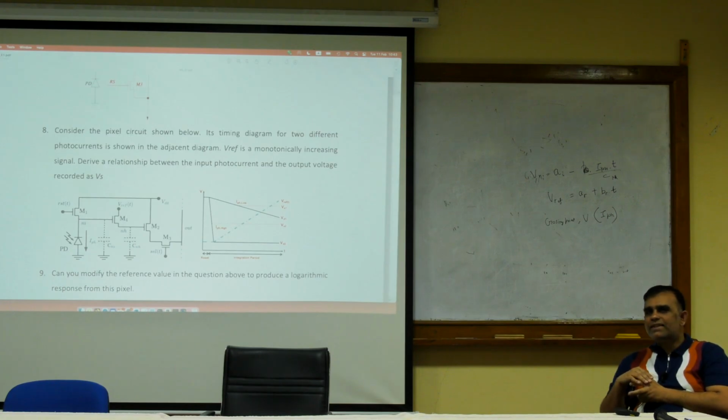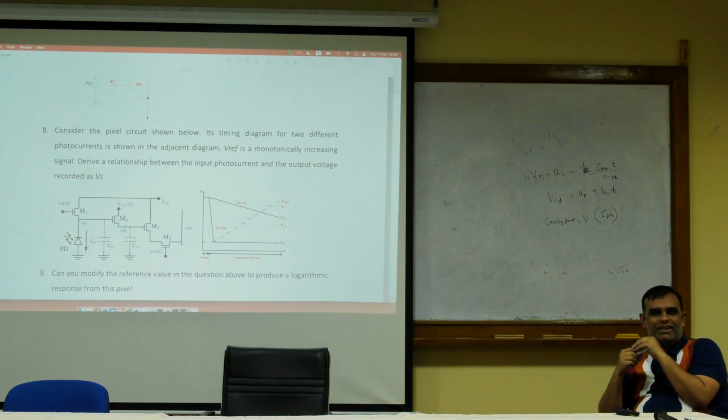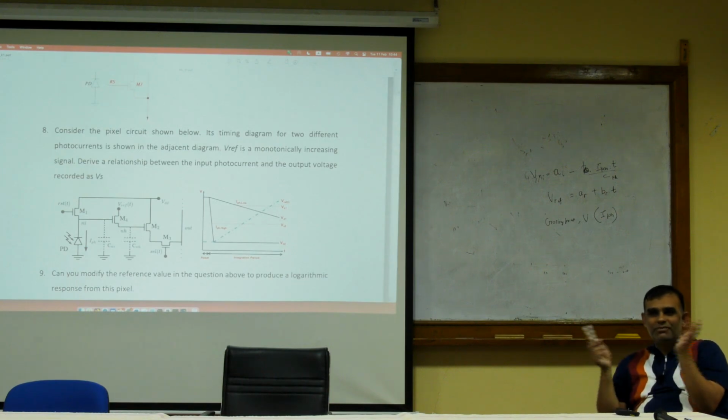For those of you who are still thinking, think what happens at the time they cross. What is common between these two signals? Time. Well done. So we write these two equations in form of the time and equate those two. Done.